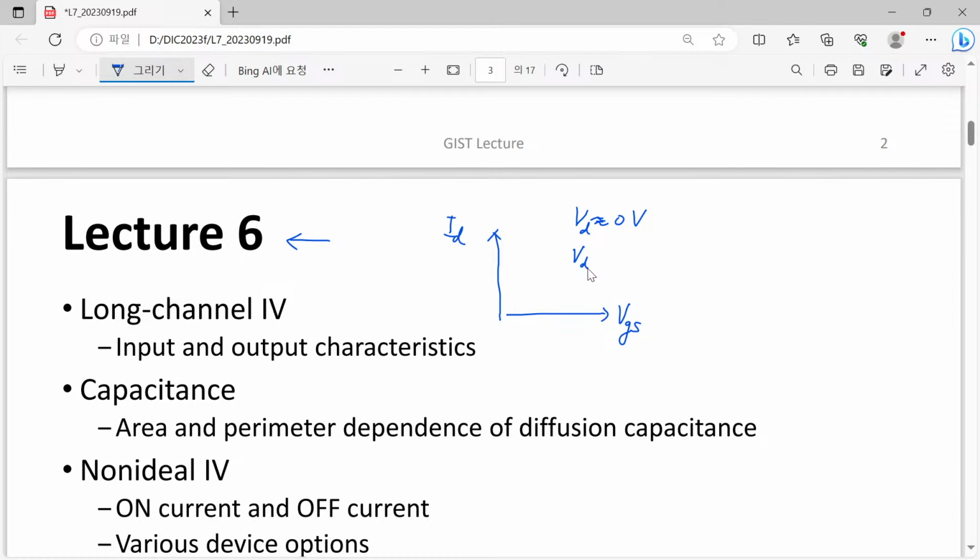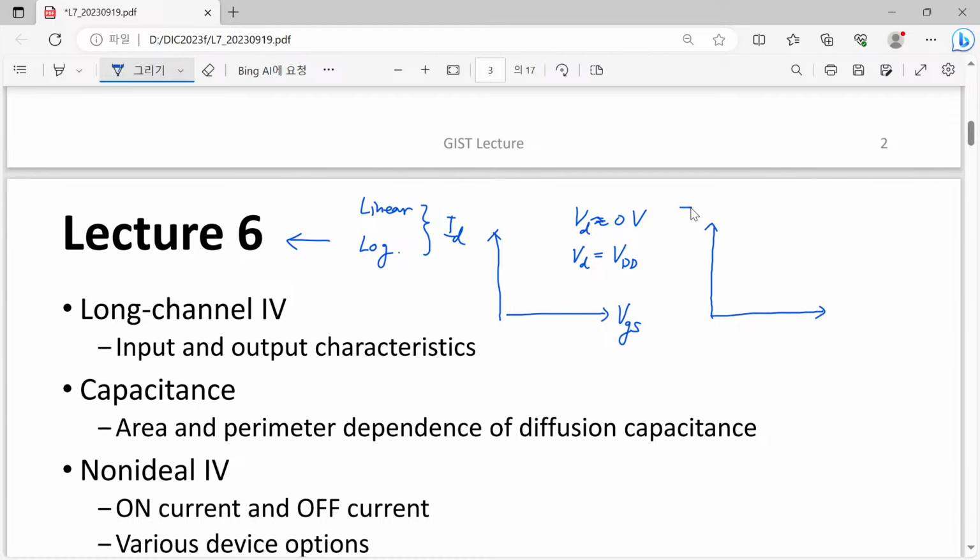Also another one which is VDD. In this case, we must draw both linear scale and logarithmic scale. So we will draw, and another one is output characteristics.